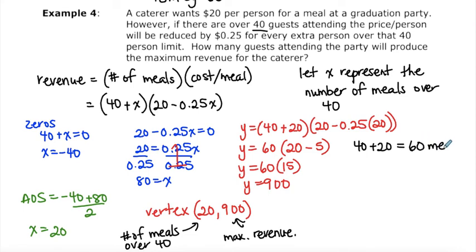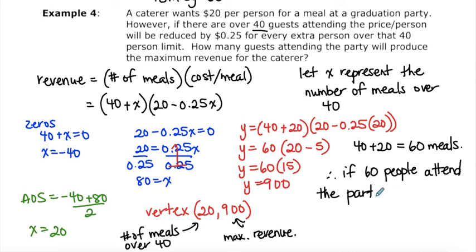So I'm serving 60 meals. Therefore, if 60 people attend the party, the maximum revenue will be $900.